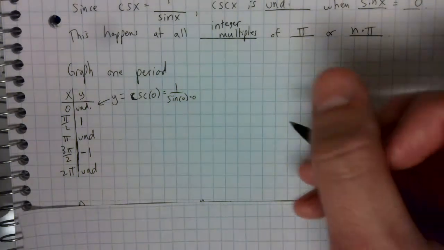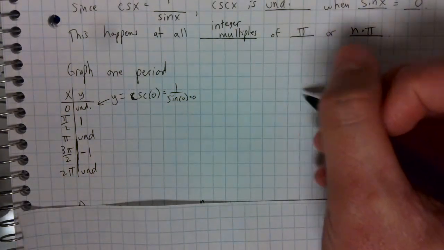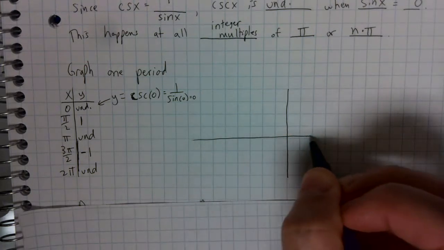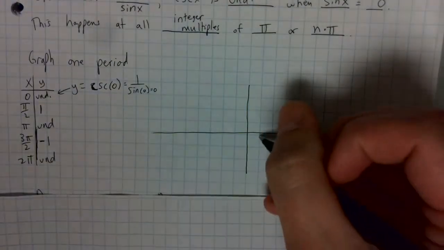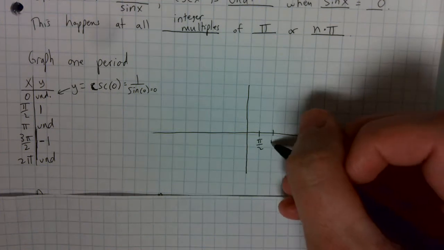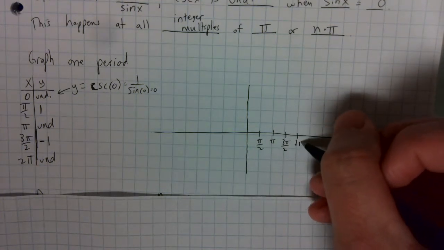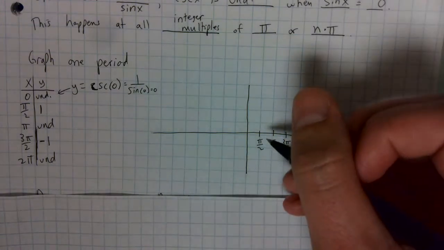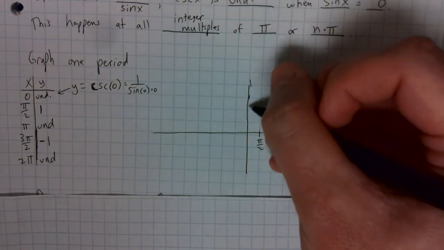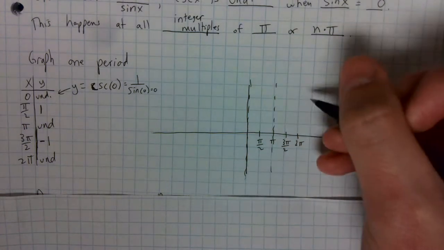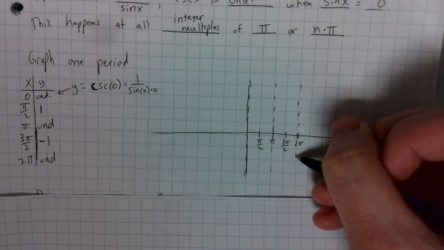All right. So it's going to look pretty similar to what we did with the secant function. So we'll start here at 0. We'll have pi halves, pi, 3 pi halves, 2 pi. And at 0, we're undefined, so that's one of our asymptotes. At pi, no good. And at 2 pi, no good.